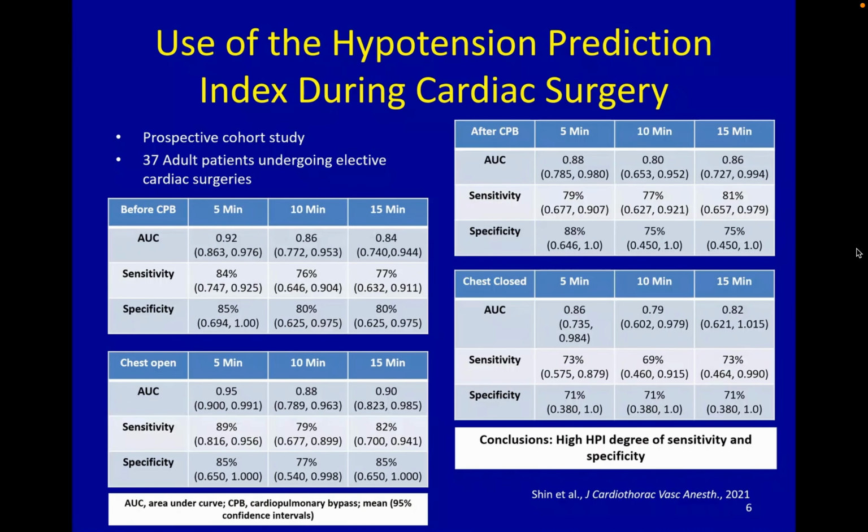The study of Shin et al. applying HPI guidance in cardiac surgery, including chest opening condition, also showed good sensitivity and specificity. The sensitivity for predicting intraoperative hypotension 5, 10, and 15 minutes in advance was 0.69 to 0.89. The specificity was from 0.75 to 0.88. The area under the curve was from 0.79 to 0.92.